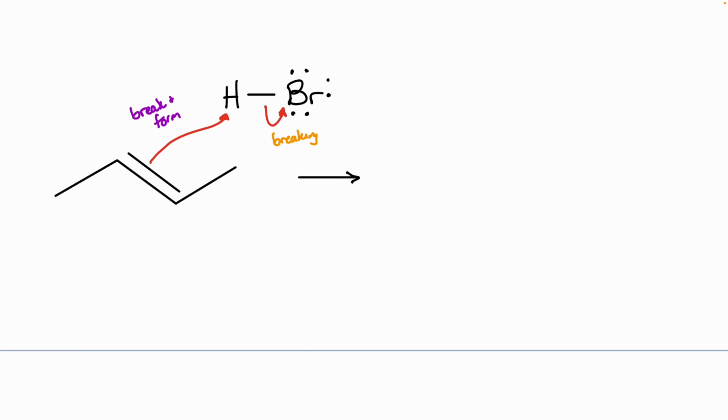It used to be a carbon-carbon bond. Now it's going to be a carbon-hydrogen bond on my product side. All right, and then my bromine has that extra lone pair, making it a bromide ion.